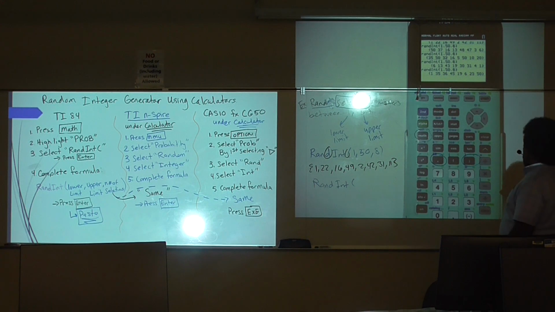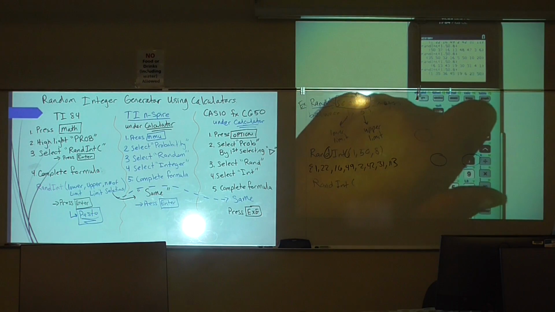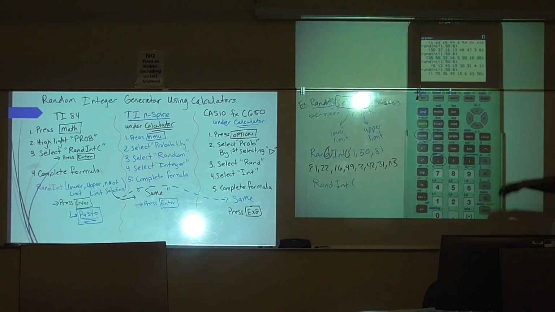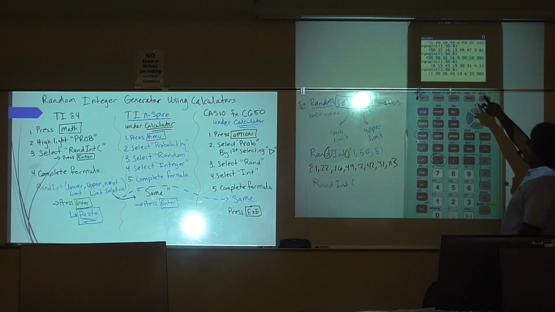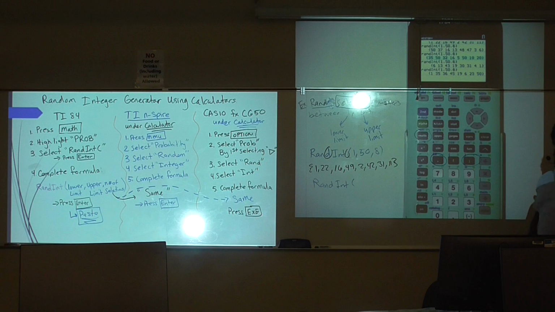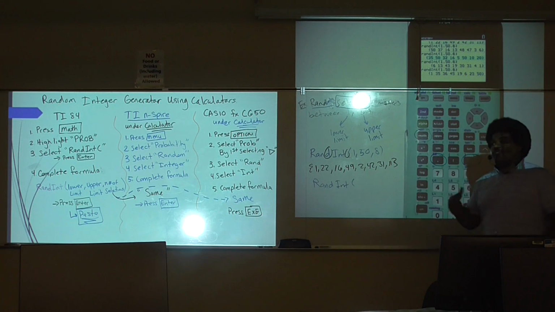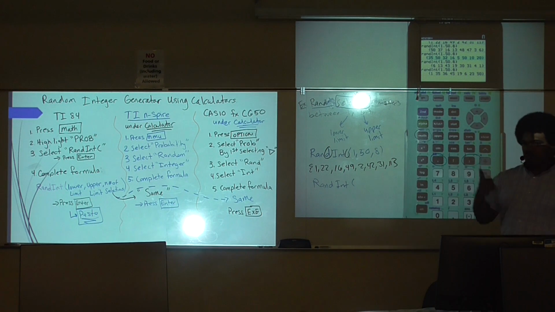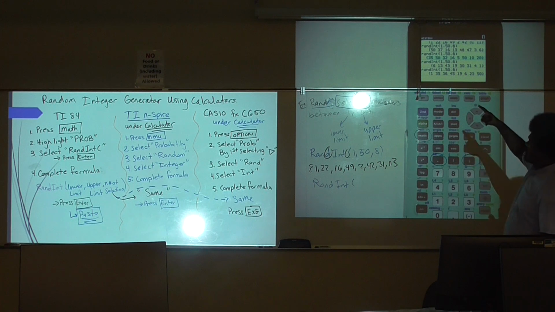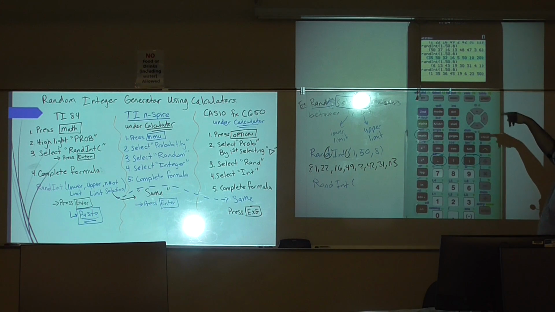One thing we have to keep in mind is what happens if a repeat occurs. I'll show you right here. Notice over here, when we look at this, we see two 50s. When that happens, you have to get rid of one of them and replace it with another selection. So just do another sample selection, and the first number that comes up, if it doesn't repeat anything from the previous selection, use it.